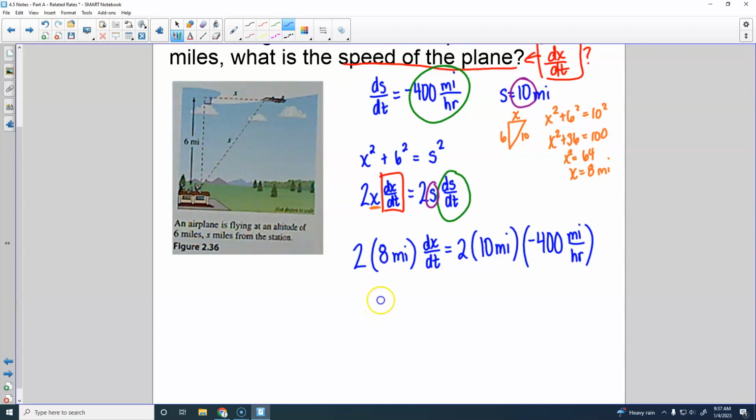So over here, we've got 16 miles times dx/dt. On the right-hand side, you can think about putting everything over 1 here. So you've got 2 times 10 times negative 400, which is going to give you negative 8,000.